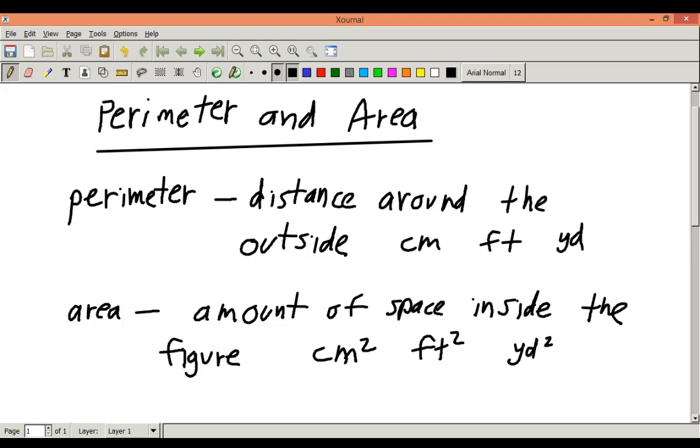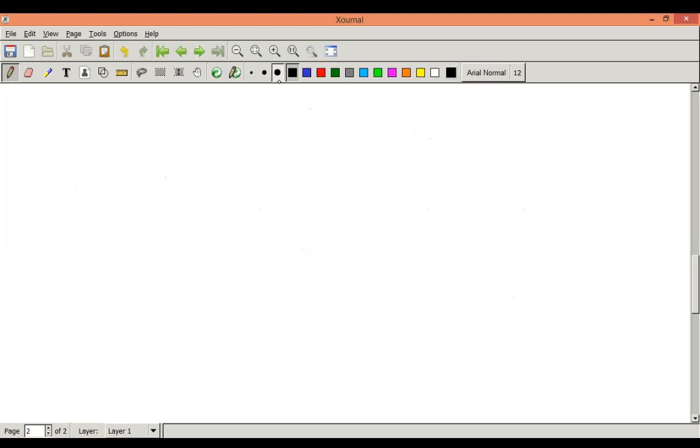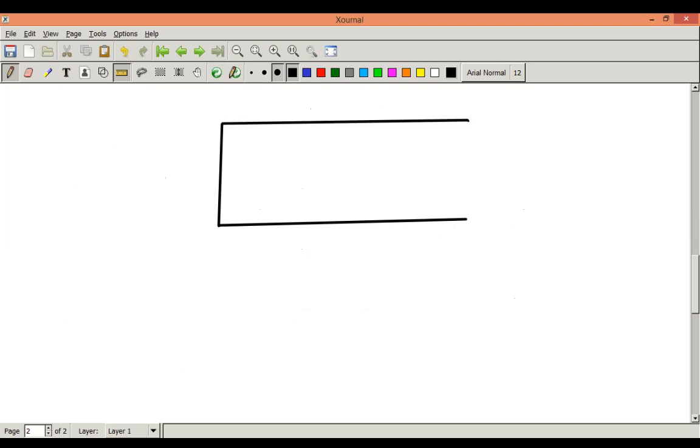To start out, the really simple example of perimeter and area, I'm going to draw a rectangle here. And we'll do something really simple with getting the difference between these two calculations. So let's say that I have this rectangle and I divide it up.